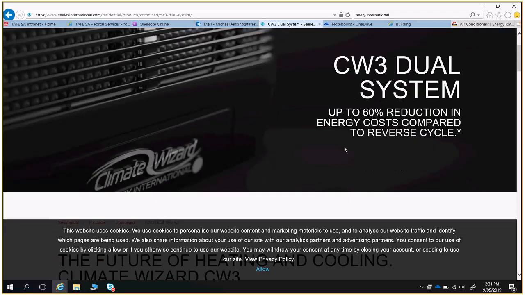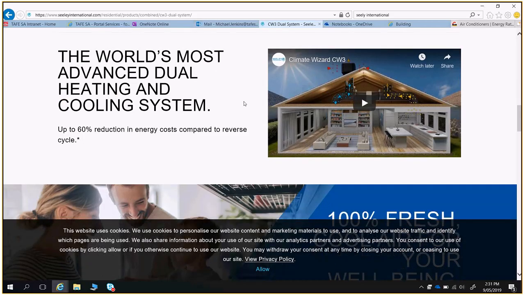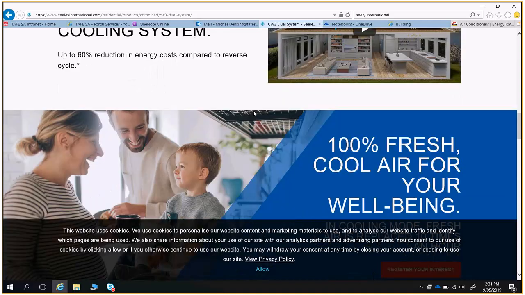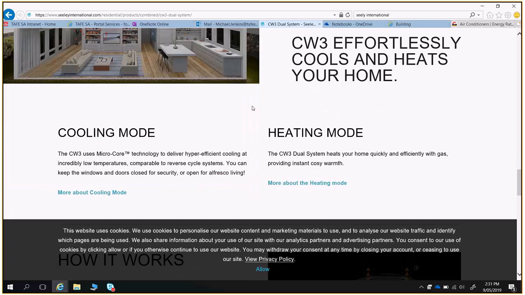So up to 60% reduction in energy costs compared to reverse cycle. We've got some videos here, and I'll let you play that video yourselves at home and have a look into this technology. Basically, this is very new technology where they use the efficiency of an evaporative air conditioner without raising the humidity of a room.